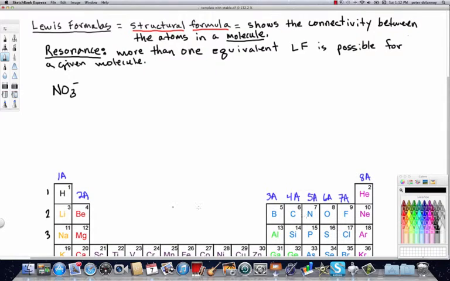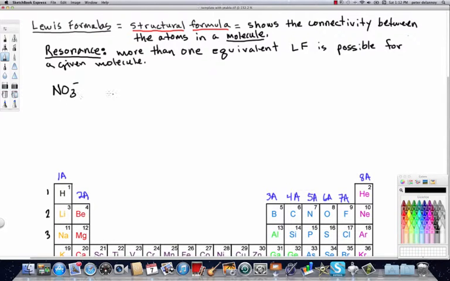Nitrogen is in period 2, and the significance of that is that nitrogen does not have d orbitals that can participate in bonding. I want to start with this example because when we switch to sulfate, things are a little more complicated. We have to talk about the use of formal charges and things like that that were introduced in the previous video.